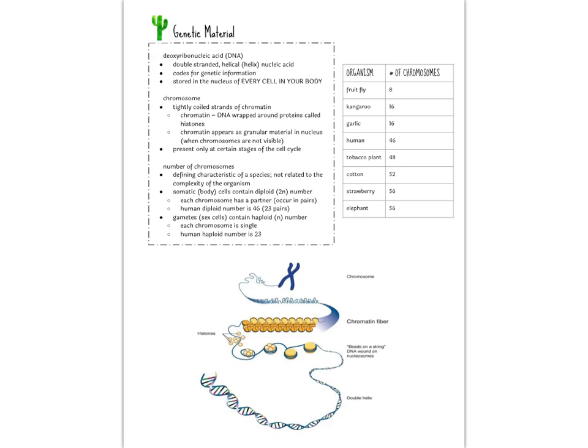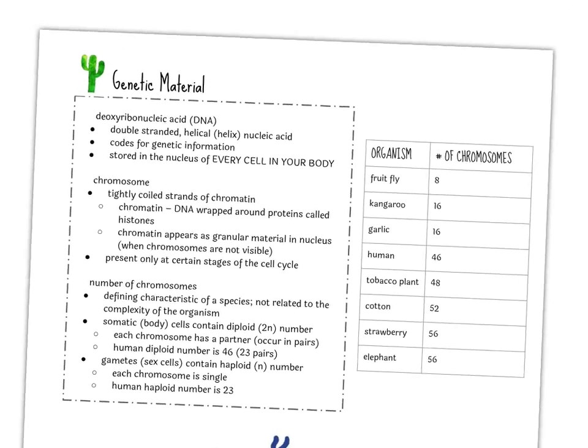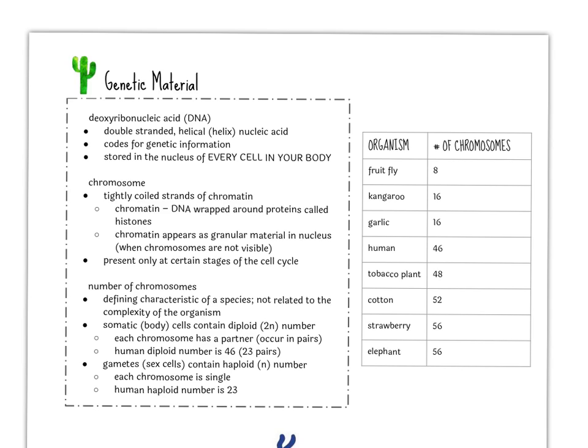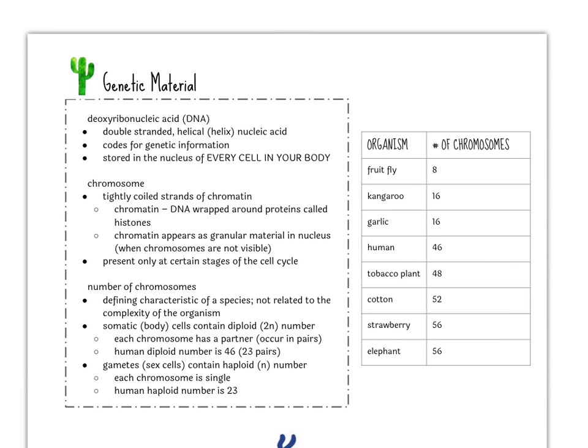Next, let's look at the genetic material for organisms. Most of the genetic material for eukaryotic organisms is deoxyribonucleic acid, or as we like to call it, DNA.